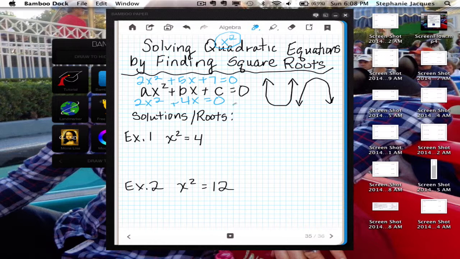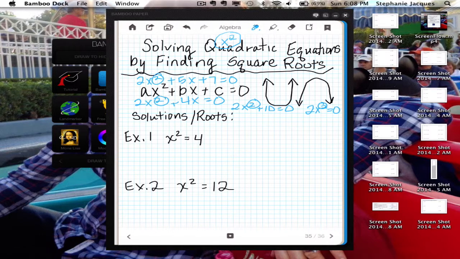You could also have 2x squared plus 10 equals 0. In that case, your b value canceled out. Another example would be 2x squared equals 0. In that case, your b and your c canceled out, and you just have that. So as long as it has that squared on the variable, it makes it a quadratic equation.